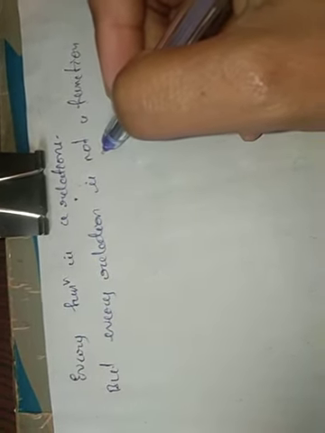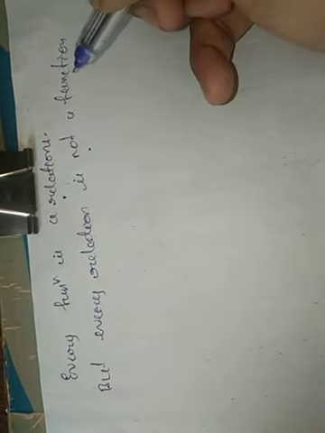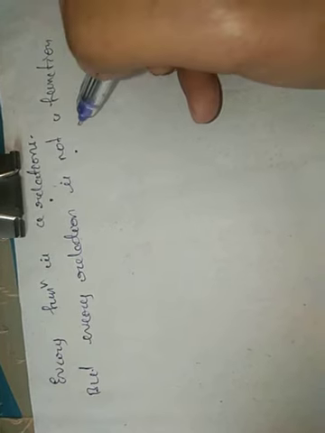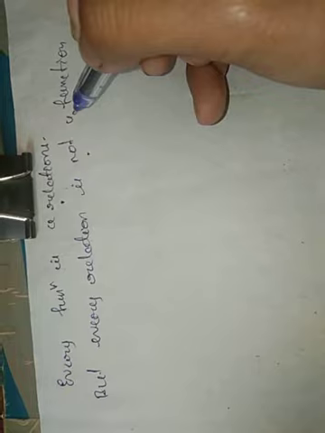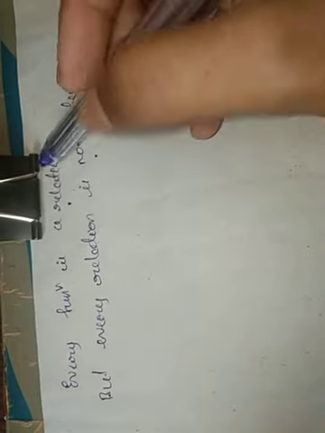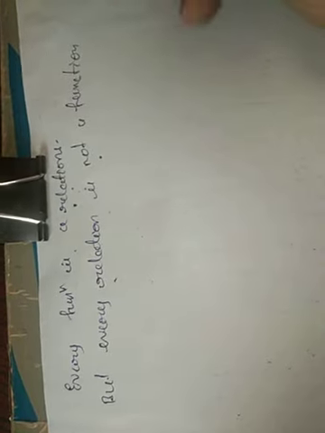So in a relation, a can be related to two different elements of B, but in a function an element of A can be related to only one element of B. Therefore every function is a relation, but every relation is not a function.